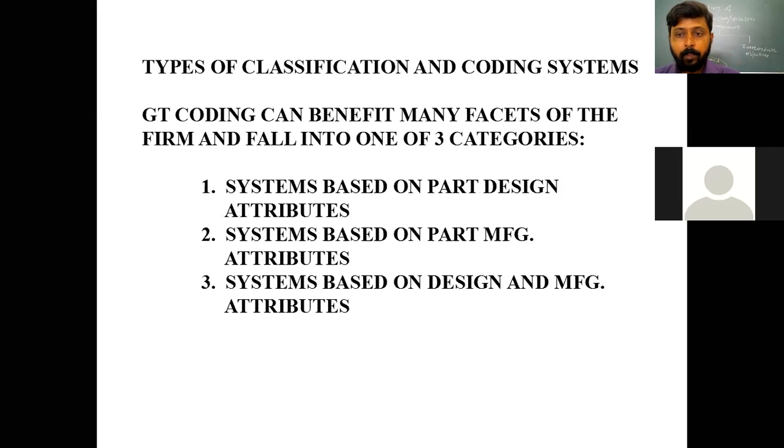Okay, now classification and coding has to be done with different characteristics, and you must have the knowledge of these things. What are those three facets that you must know while classifying and coding the part?